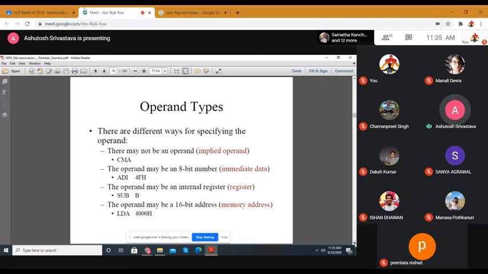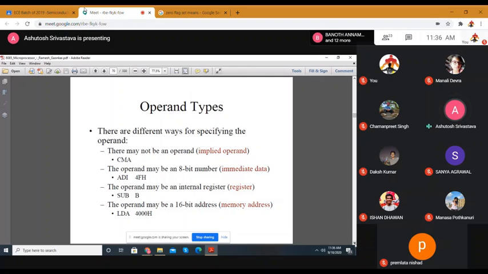In the third type of operand, where the operation is performed within the internal register of your CPU, you have this register type of operand, like SUB B. So what will happen here?